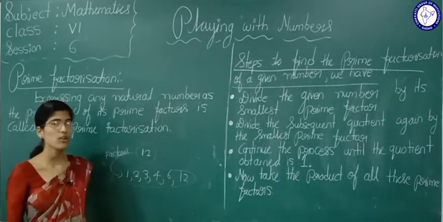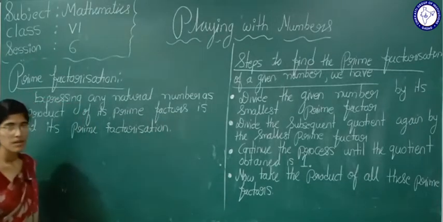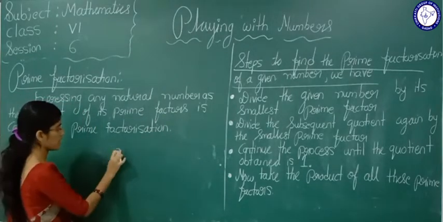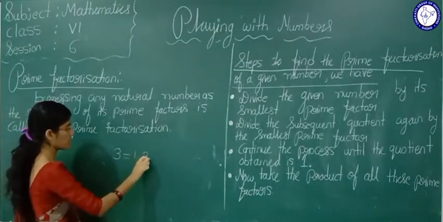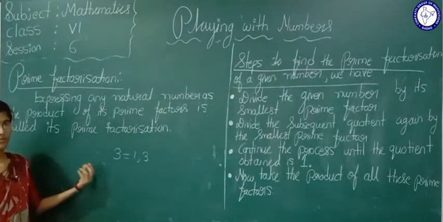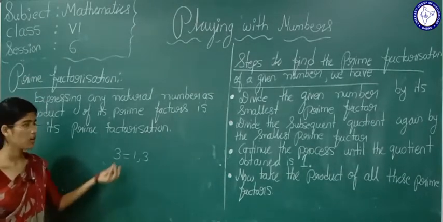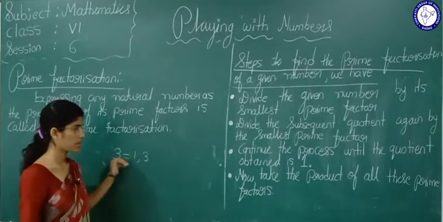What is the meaning of a prime number? Prime number means, see here, 3. What are the factors of 3? 1, 3. Prime numbers are those numbers which have only the factor 1 and the number itself. That is nothing but a prime number.